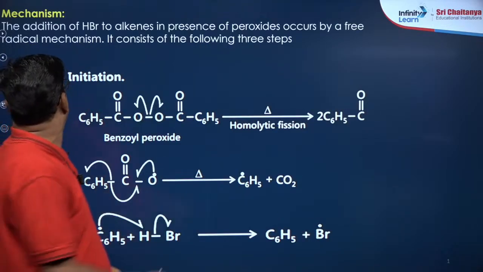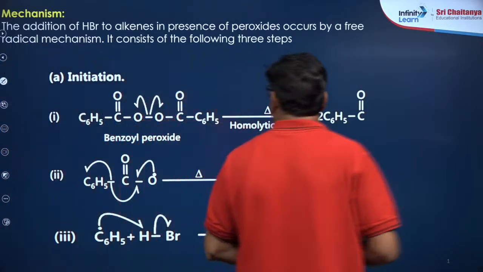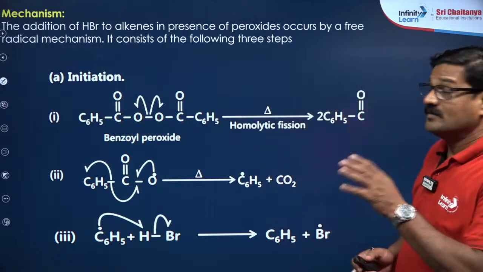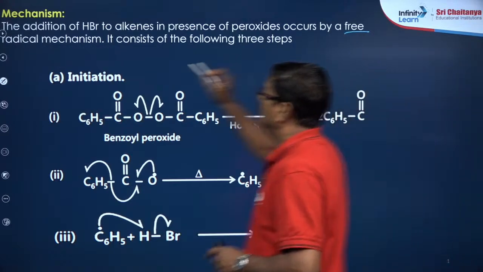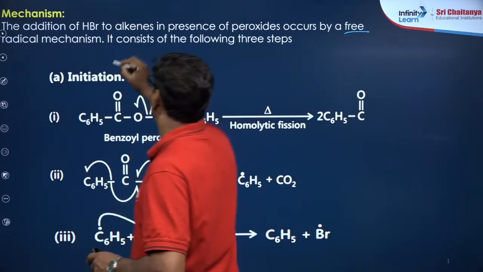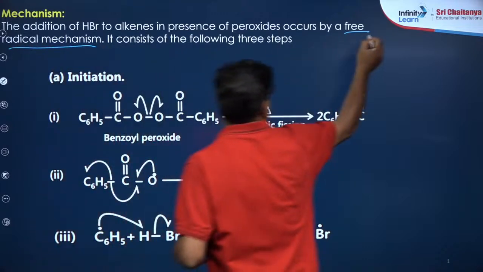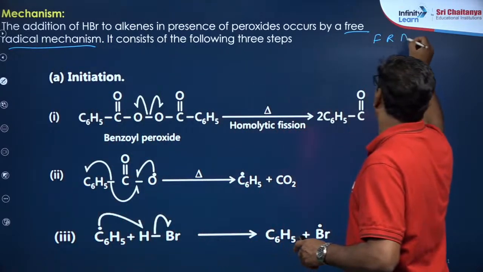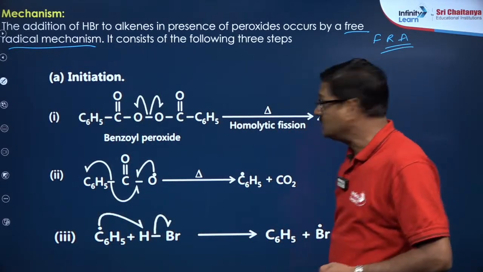Mechanism. Addition of HBr to alkene in the presence of peroxide occurs by a free radical mechanism. That is a free radical addition mechanism, right?